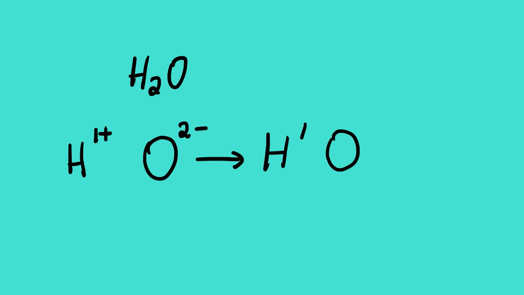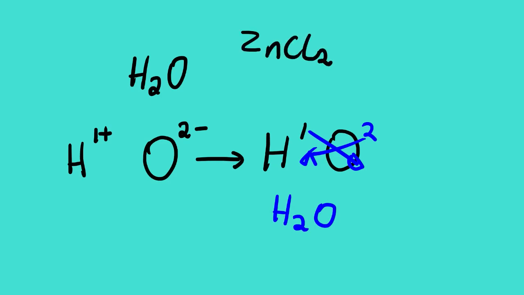Let me rewrite this in a proper way. This will come here, then this will come here. That is why we say it's a crossover method. So we have H2O. Looking at another example, zinc chloride.